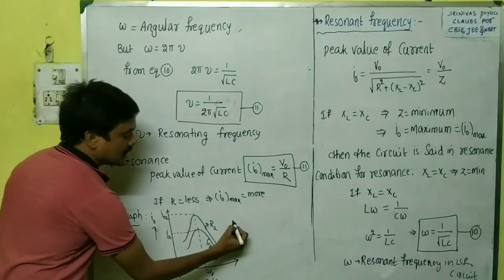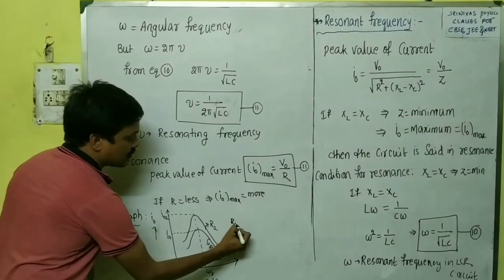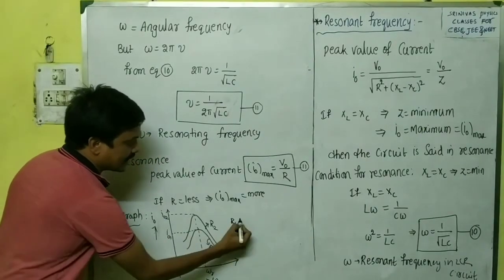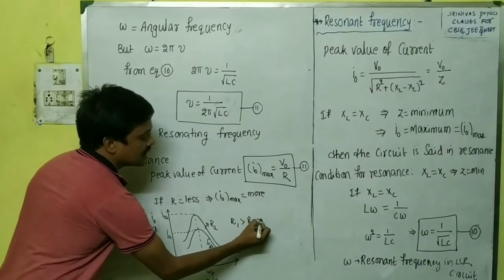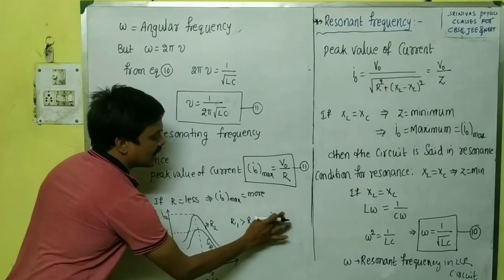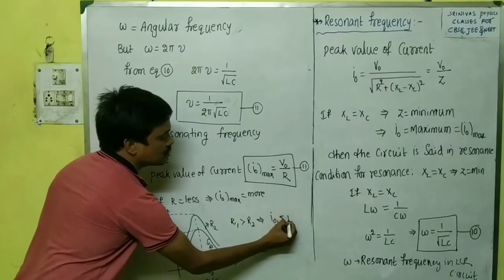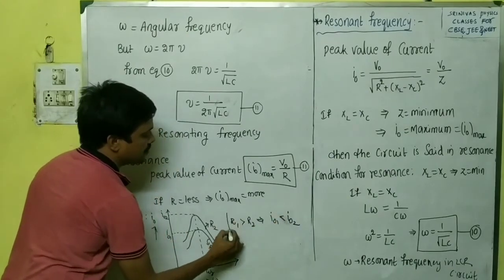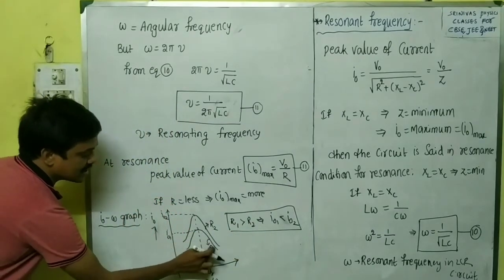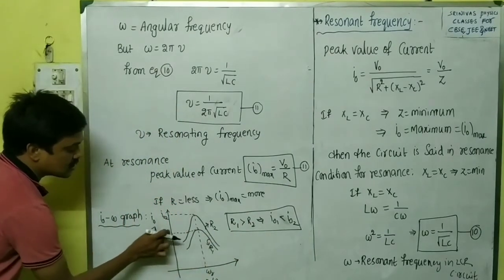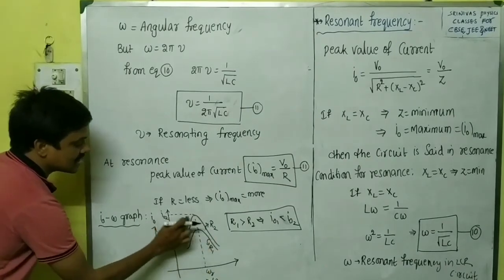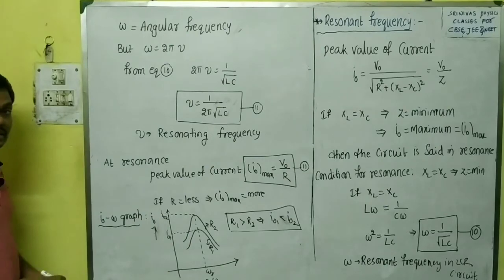R1 is greater than R2, that's why I01 is less than I02. This curve has more resistance, that's why its peak value of current is less. This one has less resistance, that's why its peak value of current is more.